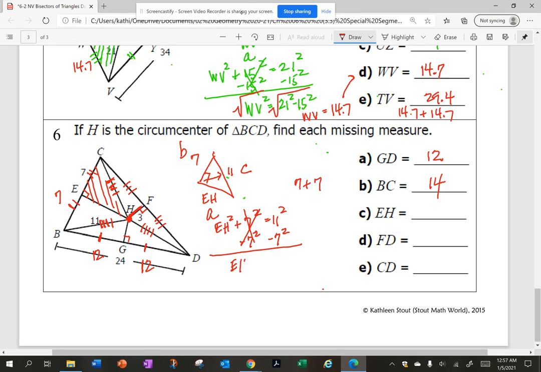So I get E to H squared equals 11 squared minus 7 squared. And then I want to take the square root of both sides. So I get the distance from E to H equals 8.5.